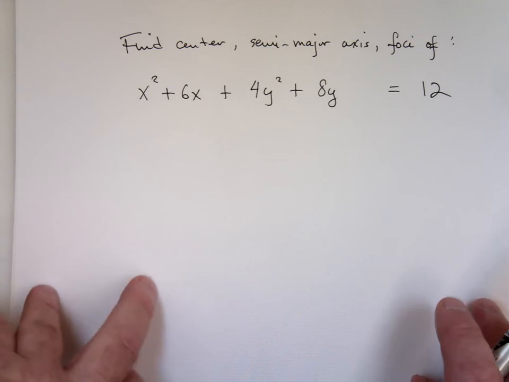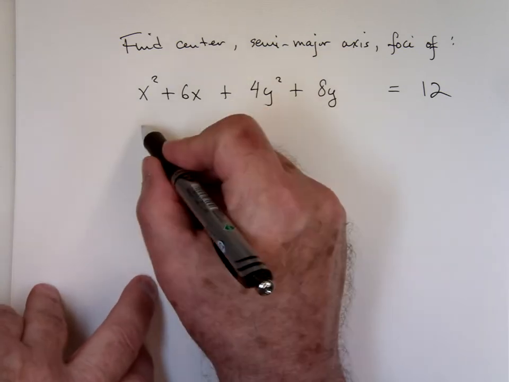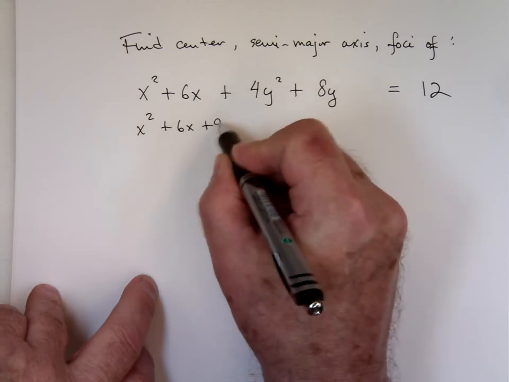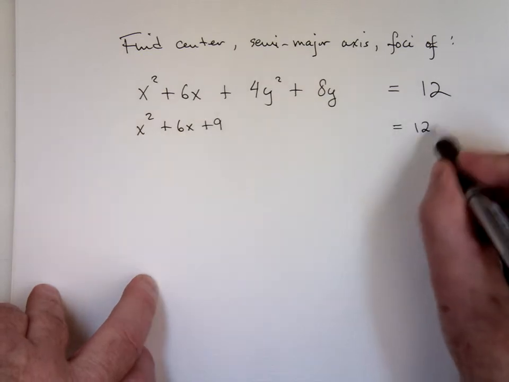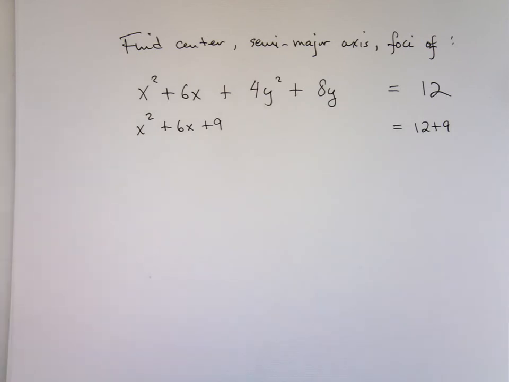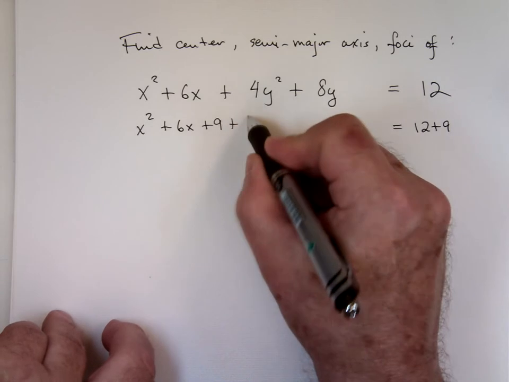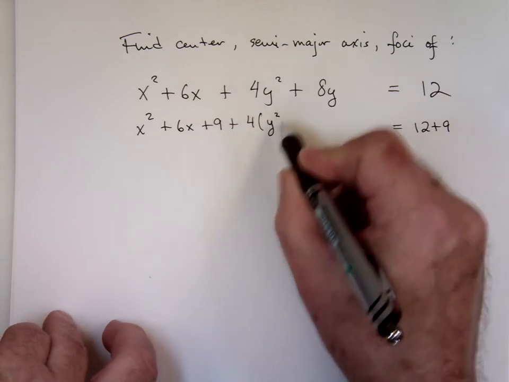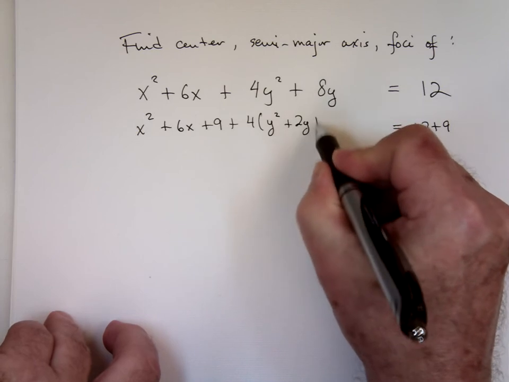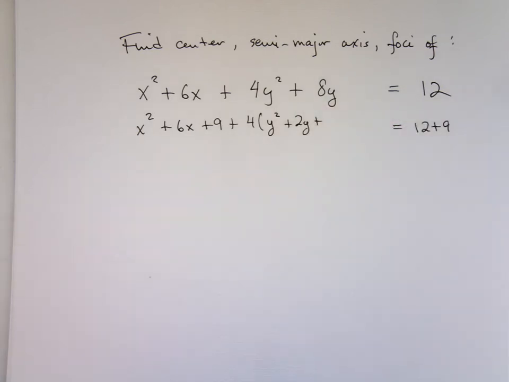So what do we need to do to complete the square on the x's? Add 9. Now, to complete the square on the y's, what do you have to do first? Factor out the 4. To complete the square, you have to have the coefficient of the square term be a 1. Now, what must I add to that to make it a perfect square? 1.